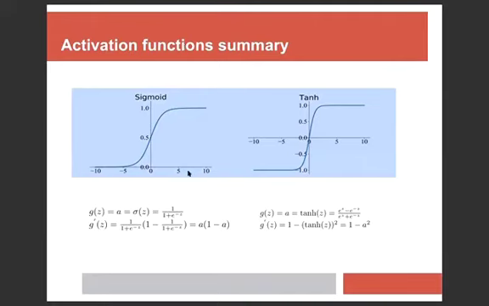Here we have the summary for the activation functions and their derivatives. The notation Z represents the linear summation from the previous input layer, which is equal to Wx plus the bias.